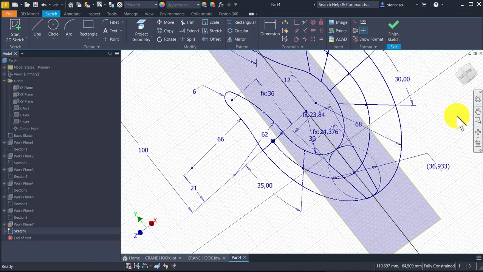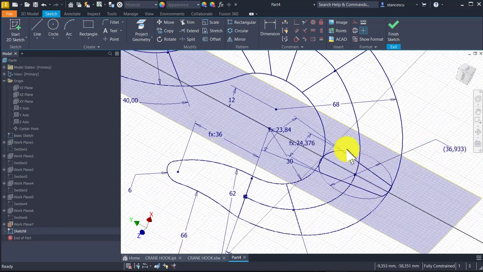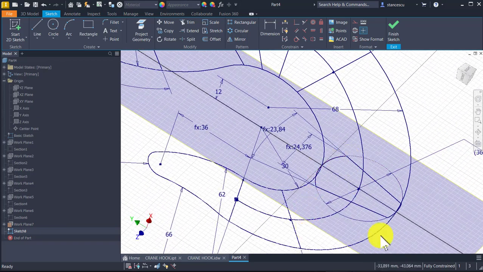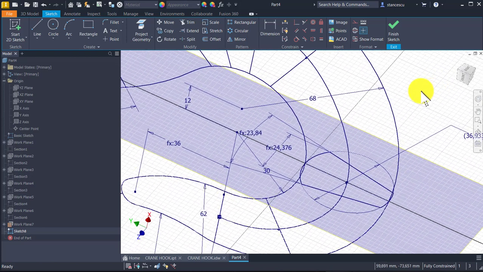Good. You see, only this is the sketch. This is not taken in consideration, this is not, so that we have a close contour uniquely defined.